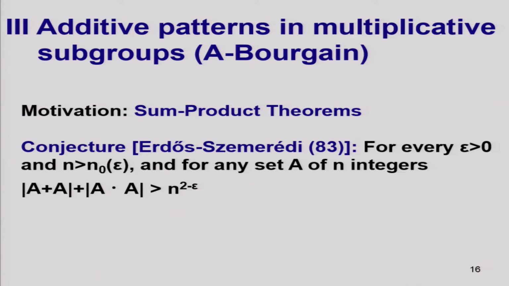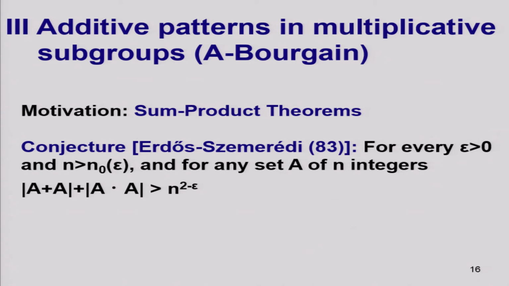So we have a set A, and what I denote here by A plus A is the set of all sums a plus a prime with a and a prime belonging to A, and the same for the product. And the conjecture is that always at least one of them is close to n squared. It will never be more than n squared, or n choose 2 in fact, plus n, never mind, something like n squared over 2.